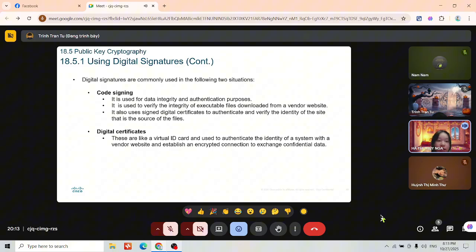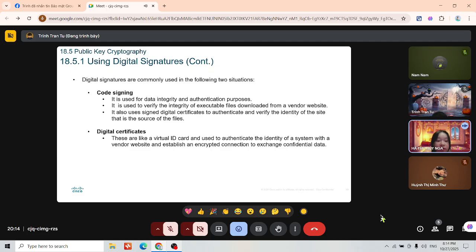Digital signatures are commonly used in the following two situations. First, code signing is used for data integrity and authentication purposes. It's used to verify the integrity of executable files downloaded from a vendor website. It's also used with a site's digital certificate to authenticate and verify the identity of the site that is the source of the files.